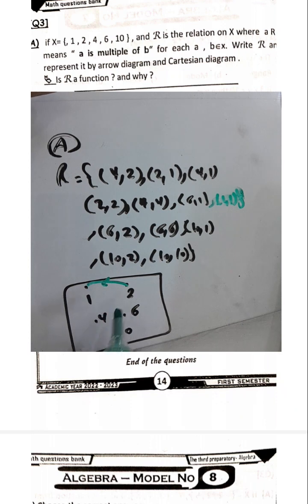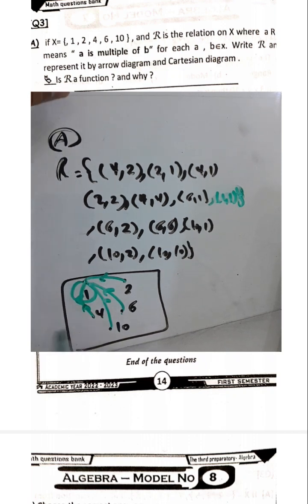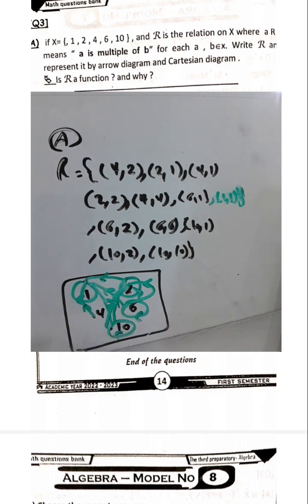Okay, 2 to 1, 6 can be divided by 1, 10 can be divided by 1, 4 can be divided by 1, 2 by itself, 6 by itself, 10 by itself, and then complete 10, 2, and 6 to 6, 6 can be divided by 1, 6 divided by 2, 6 can be divided by itself, 10 can be divided by 5. Okay, you can complete all of it.